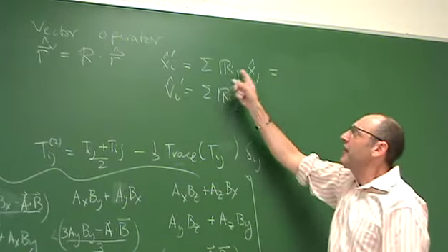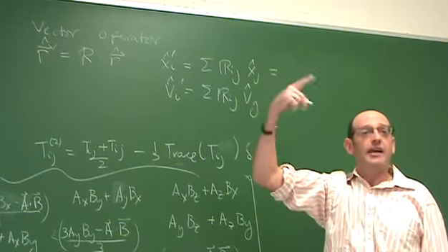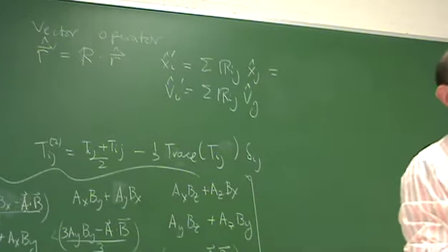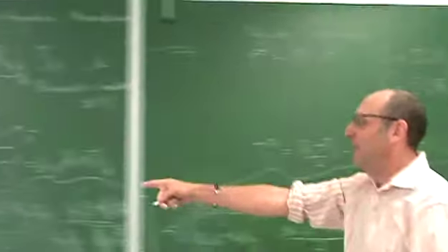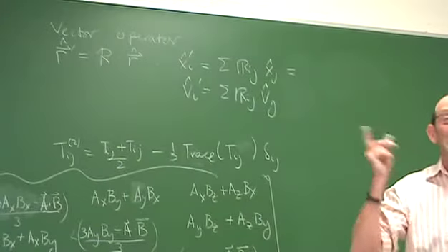We have the three observables, x, y, and z. But x, y, and z are not numbers anymore. They're operators, which means they're matrices themselves in the representation of Hilbert space. Whereas here, these coordinates were numbers. So now these themselves are matrices.